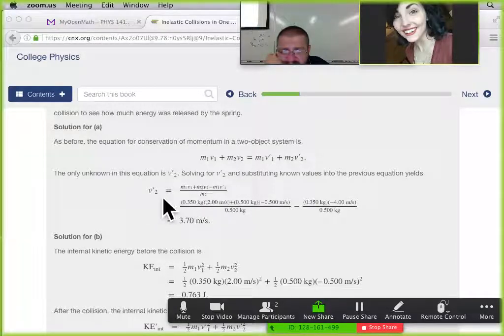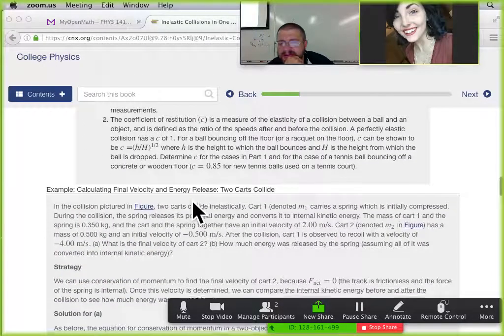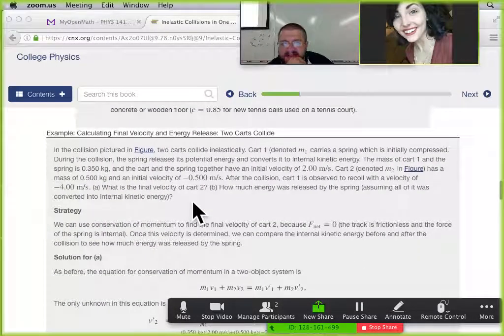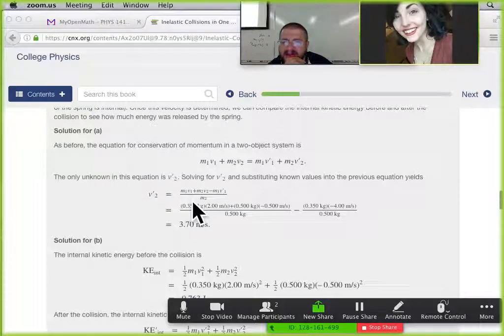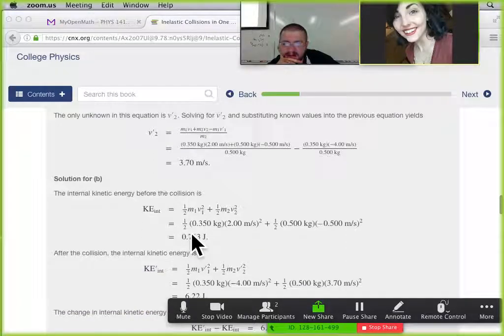Let's see, they're solving this for V2. I think what they meant to say is that the original collision is elastic. But as they collide, we add some energy in with the spring. So this would be the velocity 2 final after that collision. But then there's some internal kinetic energy.